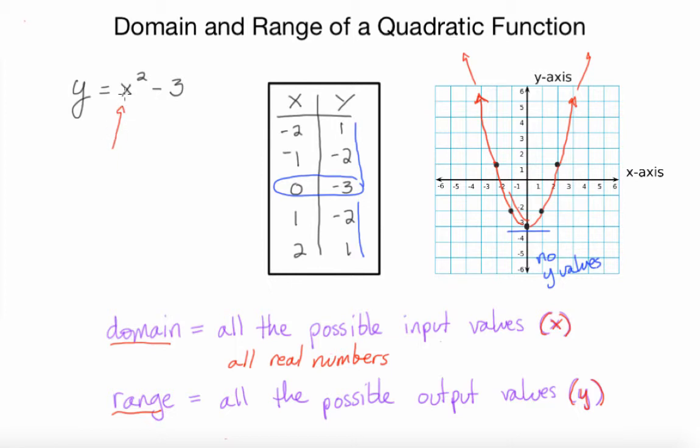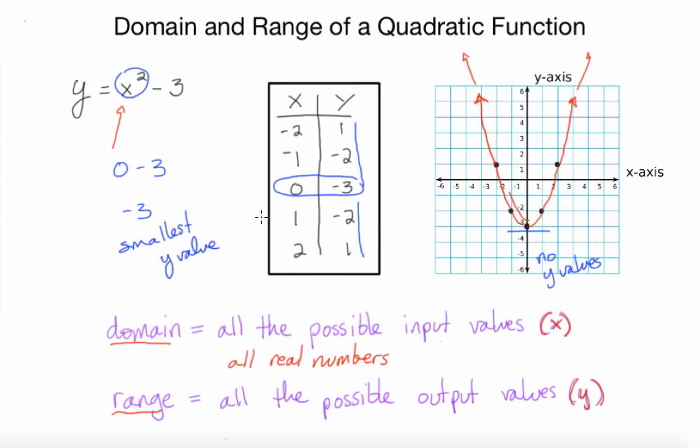So no matter what I put in for x, it's always going to turn into a positive number. The smallest this whole x squared thing will get is if I put in 0, because 0 squared is 0. And then I have 0 minus 3, so -3 is the smallest y value.